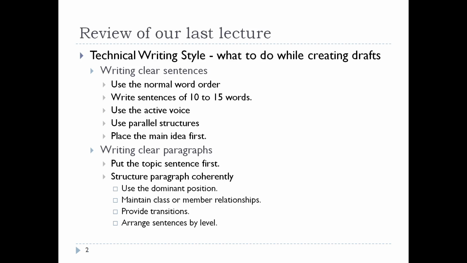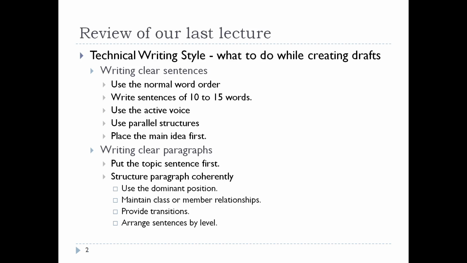Finally, we said that all the sentences in the paragraph should have some level, and it should be possible for you to arrange those sentences by level. And we talked about the different levels.